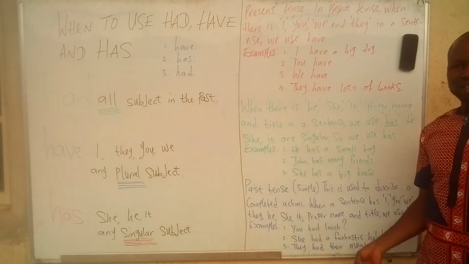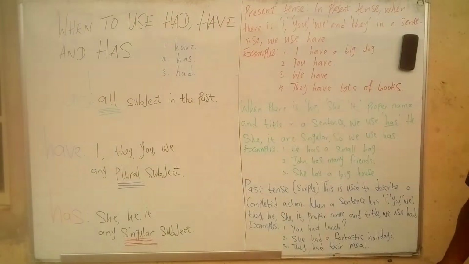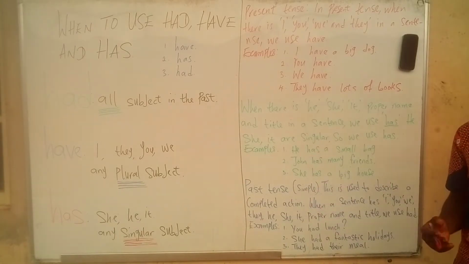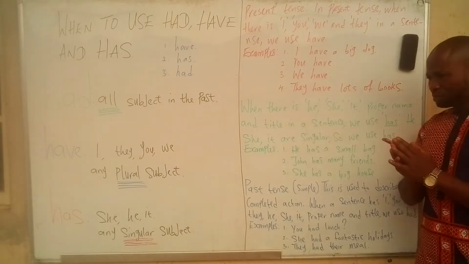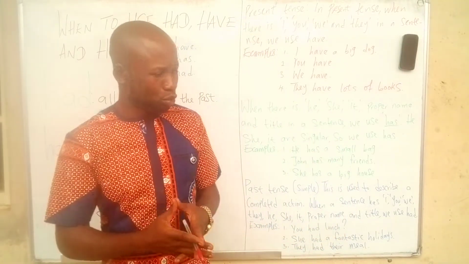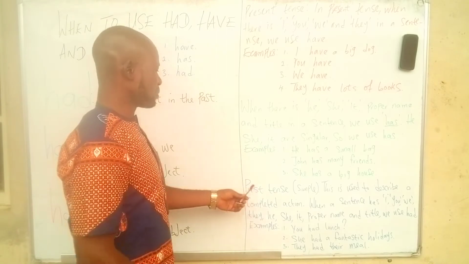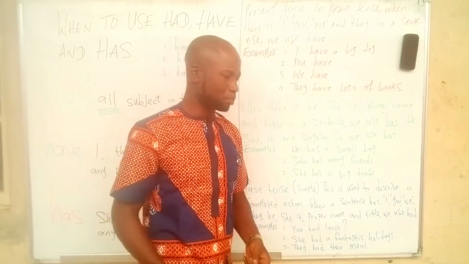So then the past tense we already say in this place that had is used for what? Past. Anything that happened in the past. Could it be maybe plural or singular? We use what? We use had. Now let's look at it. It's a past tense or past simple tense.